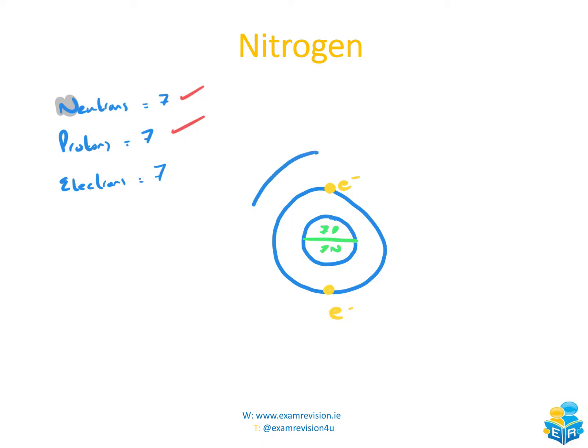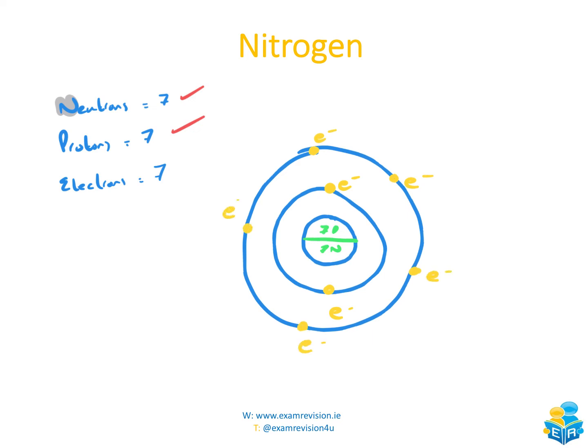We're allowed to have up to 8 on every shell after this. We actually don't have to fill this shell because we only need 5. Just make sure and space them out as well because it does make it easier to read. So there's 4 and there's 5. Let's just double check. 1, 2, 3, 4, 5, 6, 7. That's all 7 electrons which we needed to account for. So that there is the Bohr structure of nitrogen.